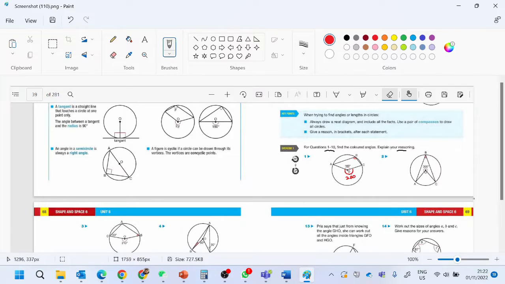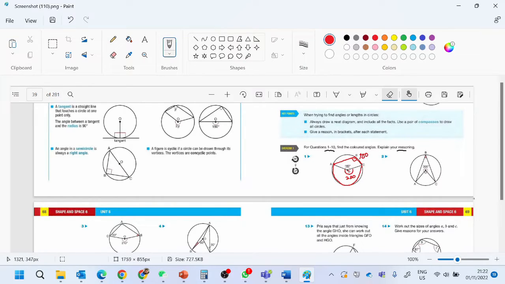If this is 200, we know that the angle at the center and the angle at the circumference is half. So if this is 200, this should be 100, because the angle at the center is double the angle at the circumference if there is a chord.